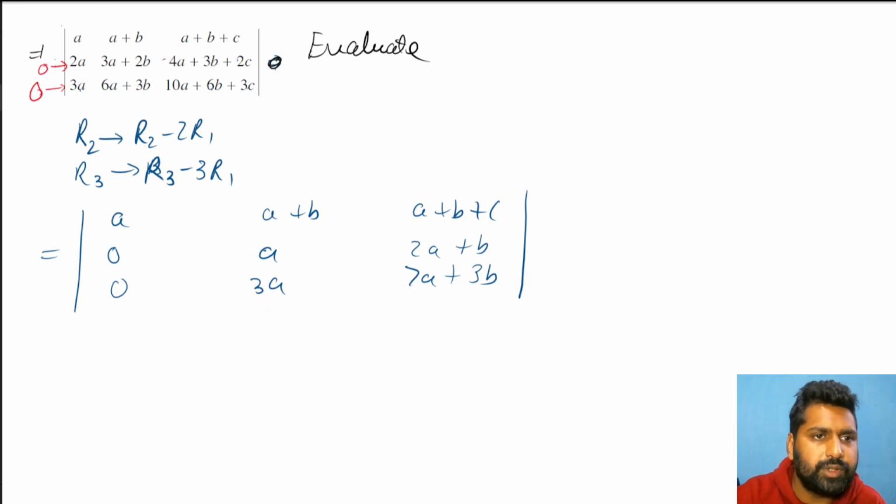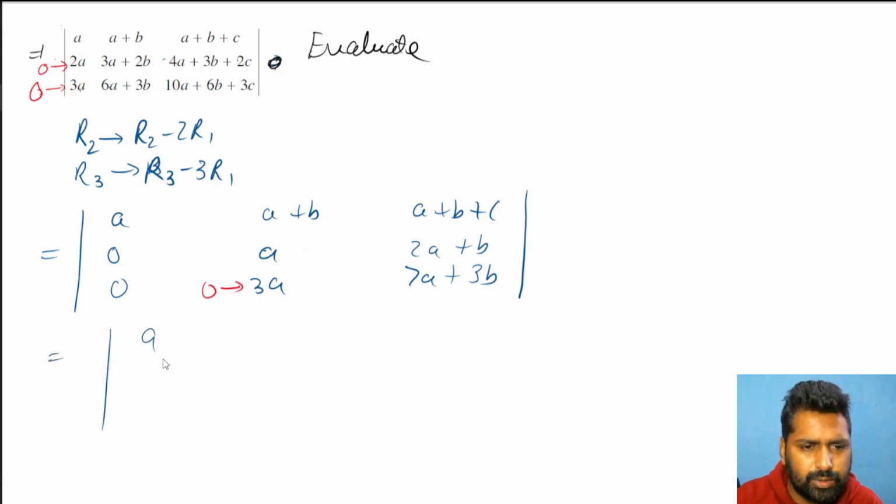But I'm showing you one more step which makes the determinant even simpler. I can still get this as 0. Why? Because if I multiply this by 3 and then subtract it from row 3, I will get a 0. So in order to expand the determinant using properties, you try to generate as many zeros as possible.